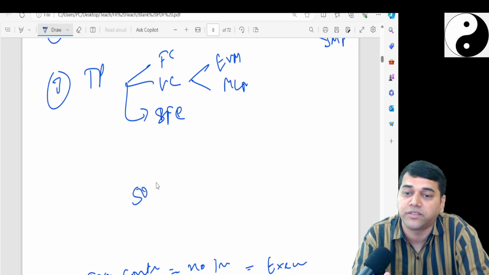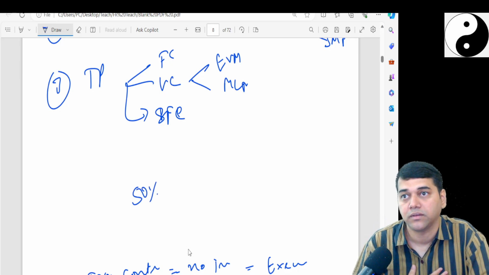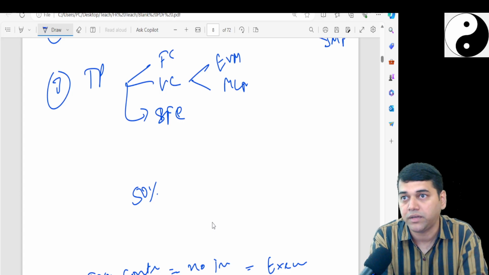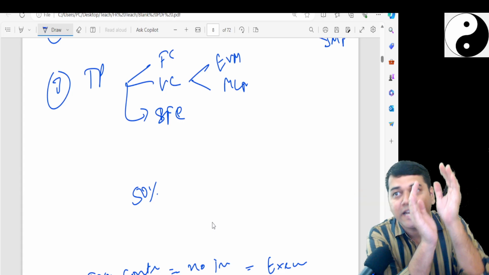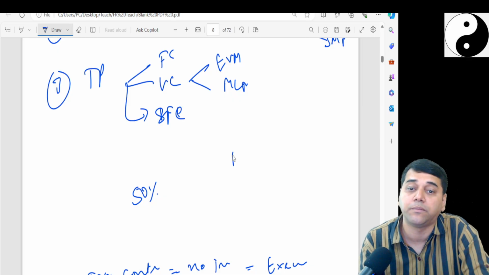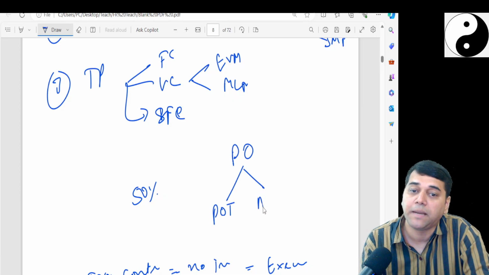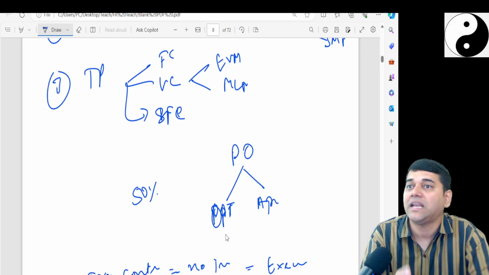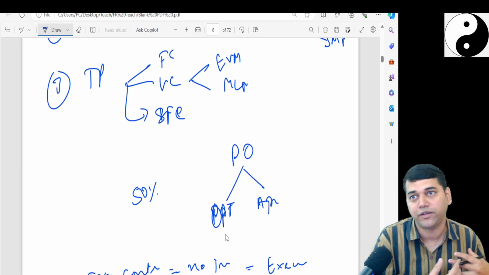Say work is 50% complete. Now the customer makes me a payment. Should I recognize revenue for that 50% payment, or some portion of that 50% as revenue, or should I treat the entire 50% as a contract liability? That depends upon whether the performance obligation is satisfied over a period of time or at a point in time. If it is over a period of time, then I can use the cost to cost input method and start recognizing my revenue.